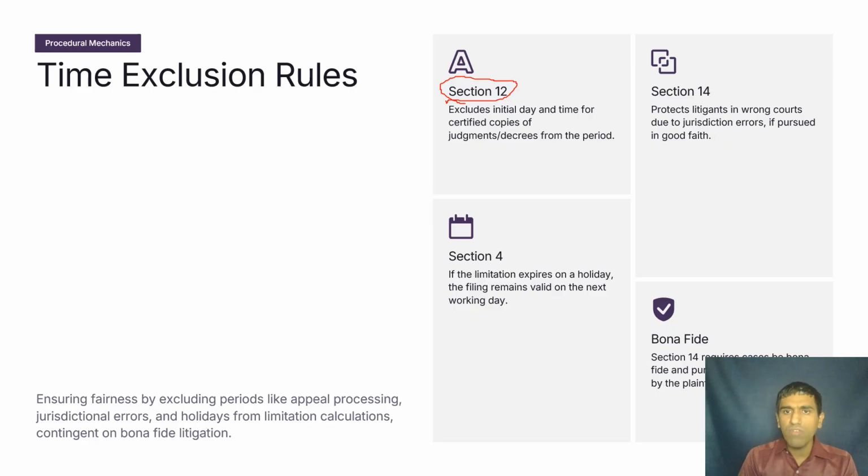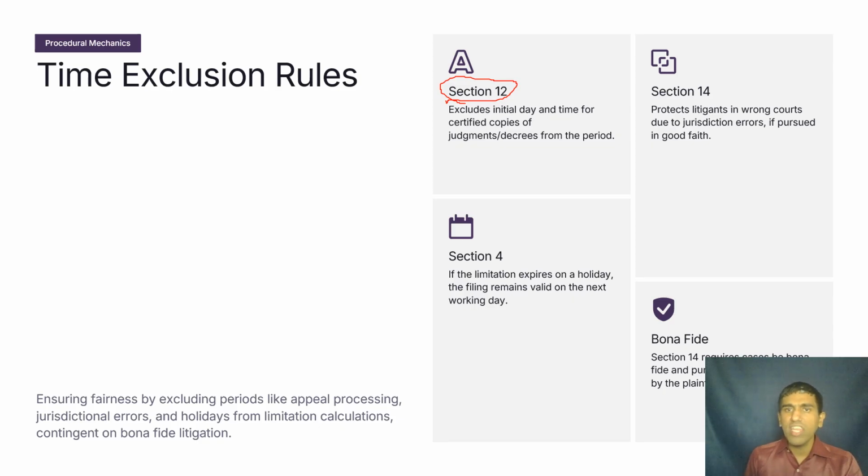So the date on which the judgment was pronounced, and if after the judgment was pronounced you have applied for a copy of the judgment, then the time which the court takes to provide the copy of said judgment to you, even that time would be excluded.